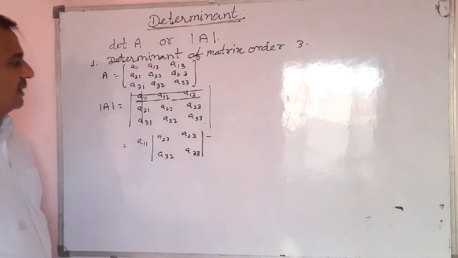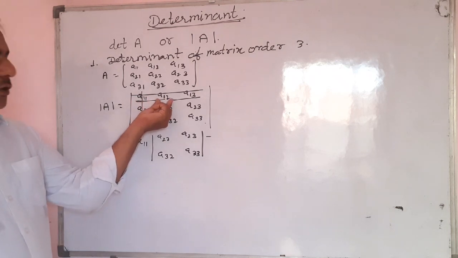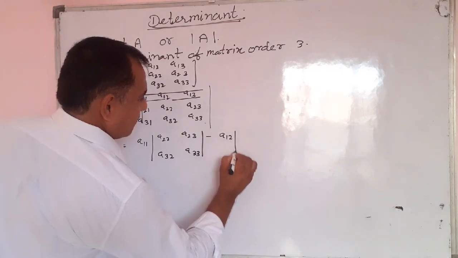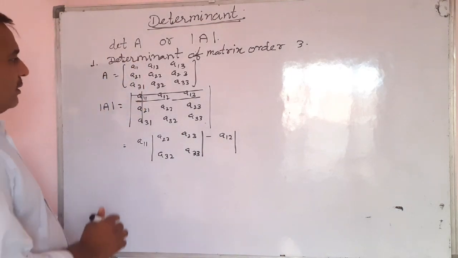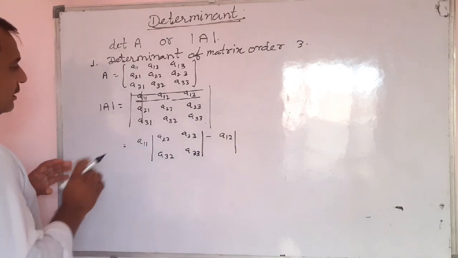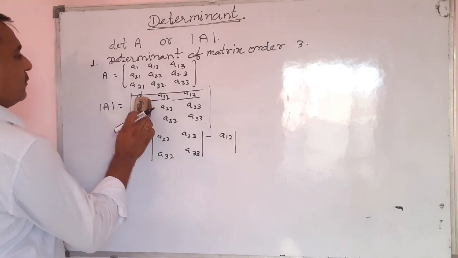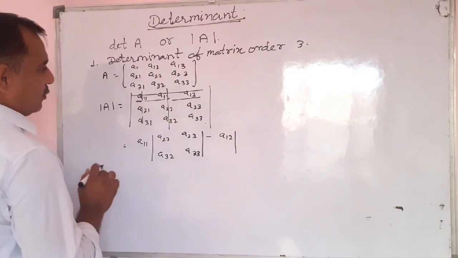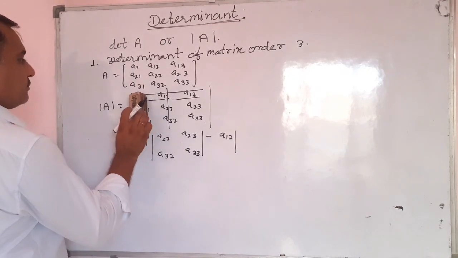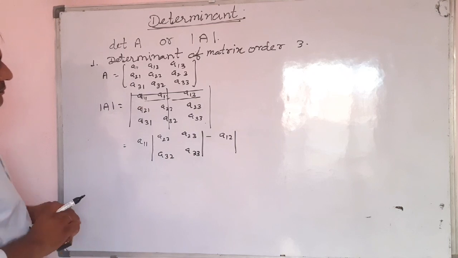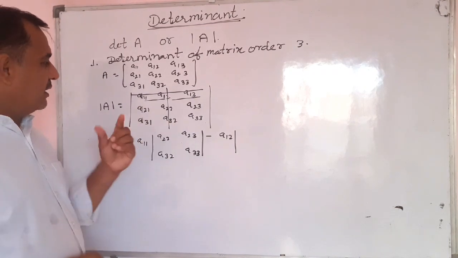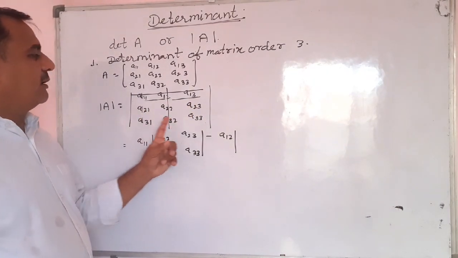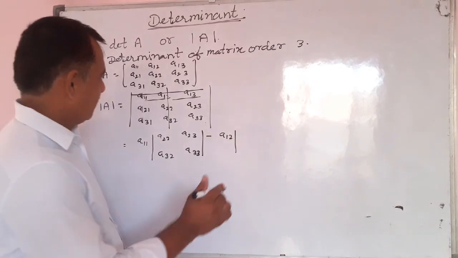After minus, the second element of the first row is A12. Again, the elements of R1 and column number 2 are eliminated. Then the remaining are A21, A23, A31 and A33.